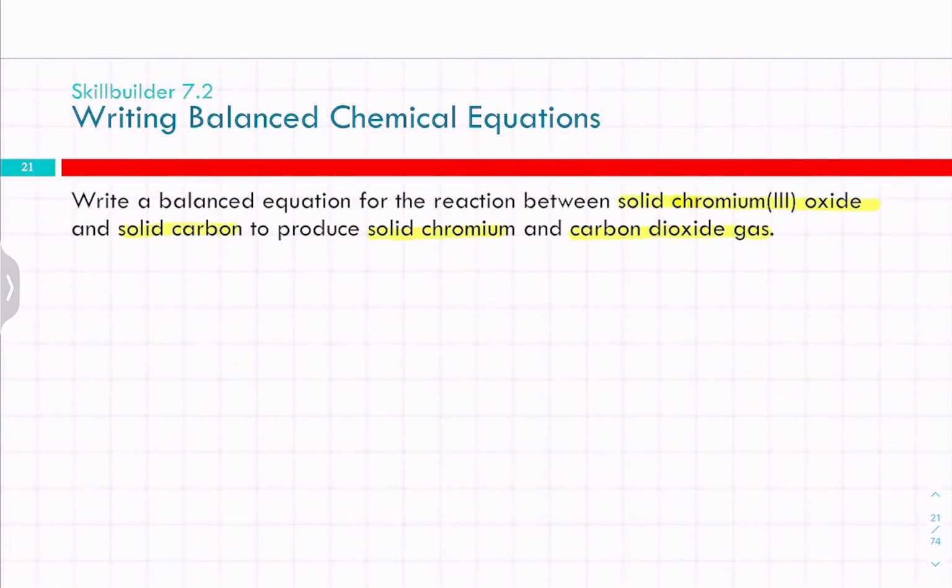So what would the formula be for chromium oxide? It could start with Cr3 plus and then O2 minus. The 3 plus here, that's chromium 3. So this is going to be Cr2O3 plus solid carbon.